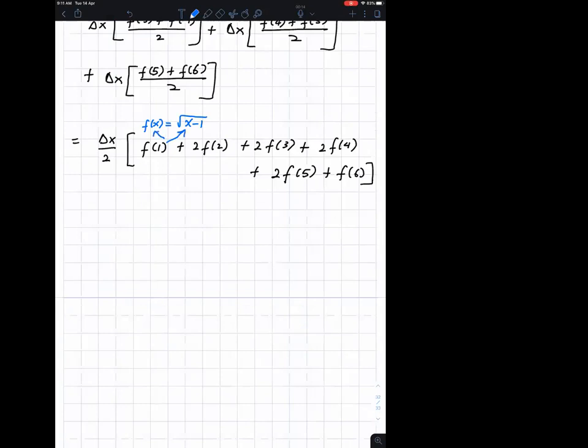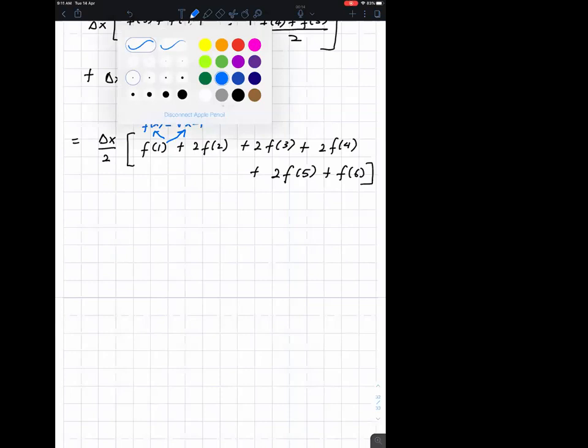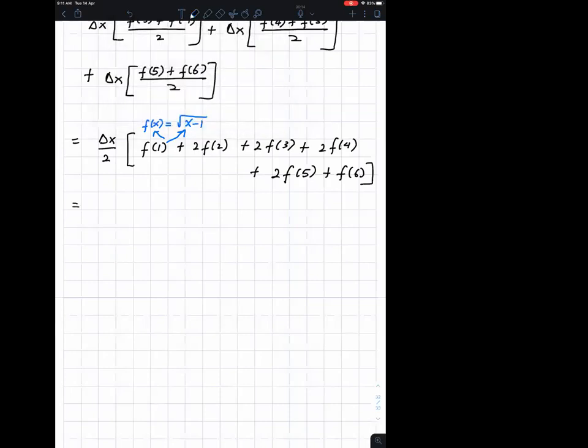So you evaluate this formula at x equals 1, 2, 3, 4, 5, and 6. Okay, let's do that. Delta x, we know earlier, is 1. So delta x over 2 is 1 over 2. The 2 is just a standard part of the formula.